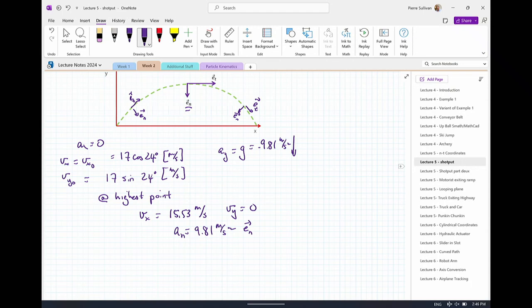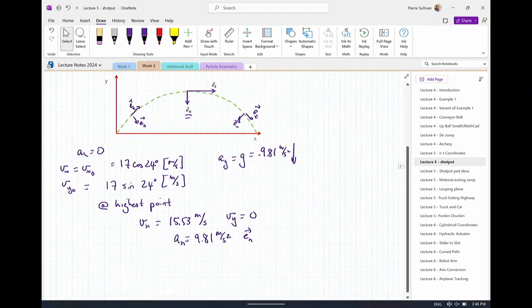Does that say equals g? It equals 9.8 meters per second squared, e sub n. So at this point here, which is the high point, that's g. And that's the total acceleration. There is no tangential component.